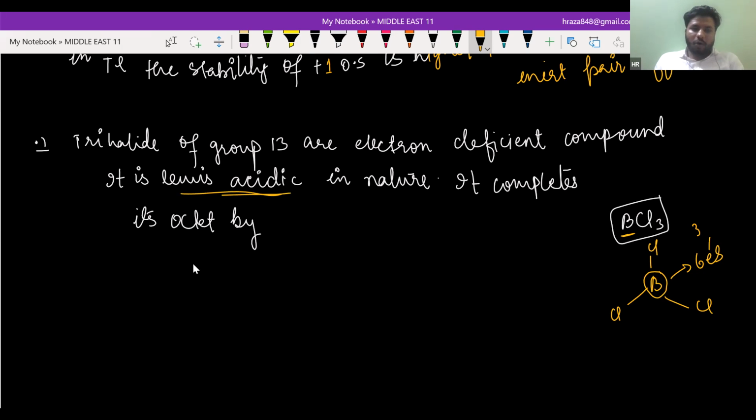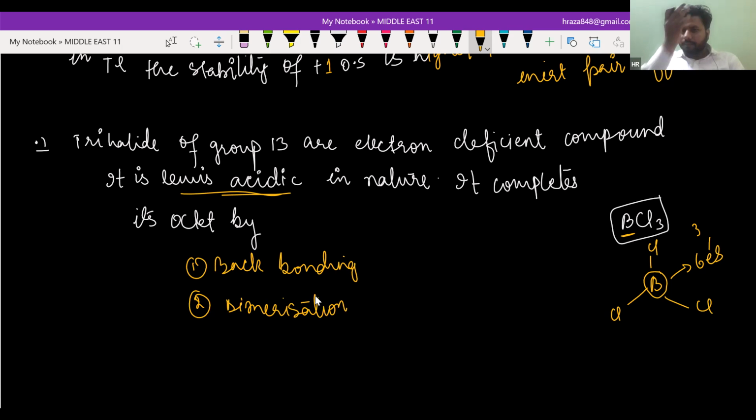It completes its octet by back bonding, and the second is dimerization. Just write it. And from here we will continue in the next class. So what's dimerization?